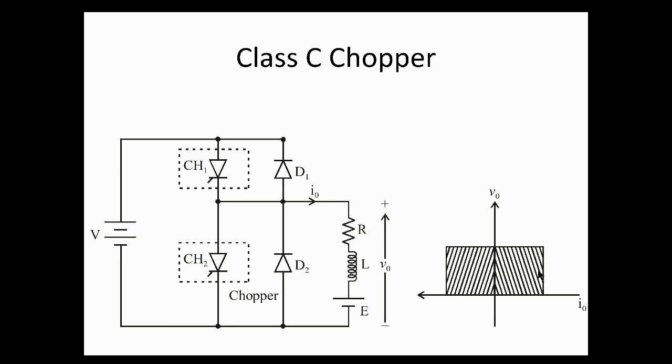Right? So again, I give you a brief moment to look at this circuit and do a bit of analysis before I go through it. So here now we have two choppers. Before, you were looking at one chopper, and now we have two diodes, not one.